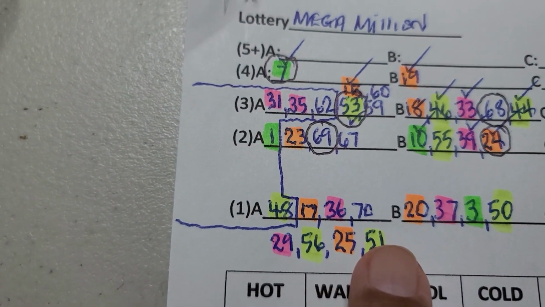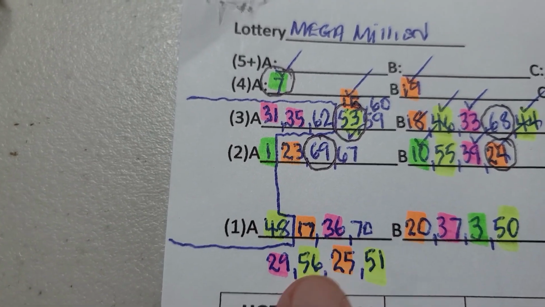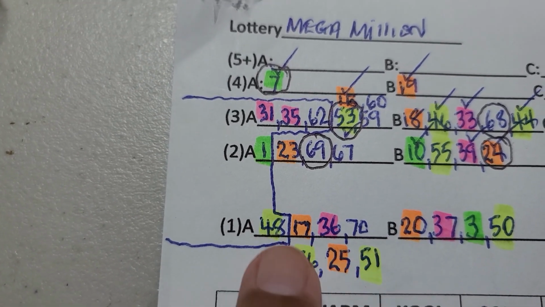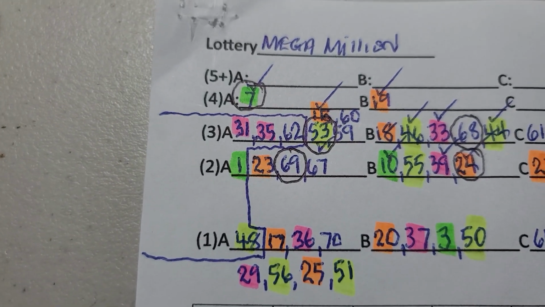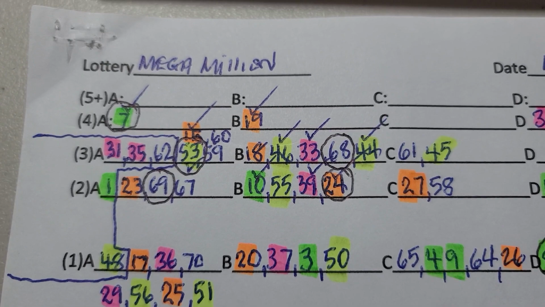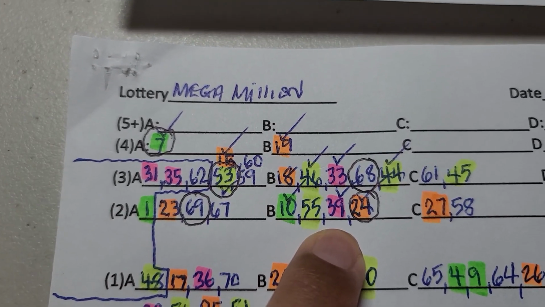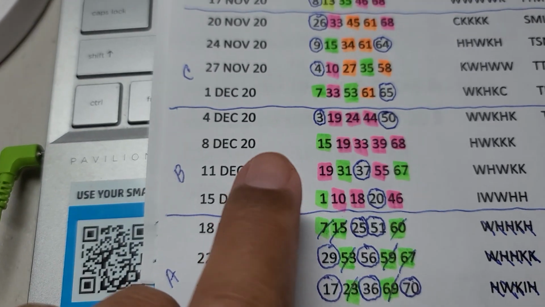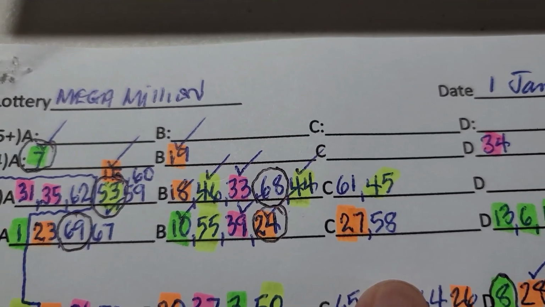If you look at this section right here, this is where all of the circled or returning numbers were. Now here you have category B, and where are these numbers from? They're from here. And C is the same thing.